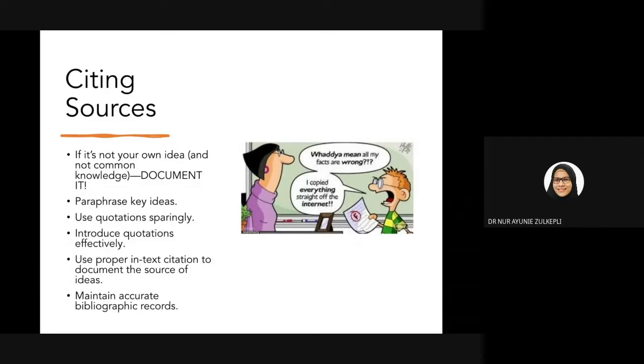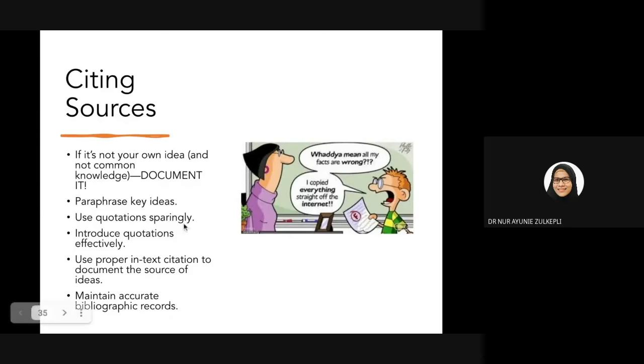It is because you want to avoid plagiarism. In a systematic literature review, we have to be careful with plagiarism. It is easy to get caught plagiarizing other people's work, because we are talking about a literature review, reviewing other people's work, right?